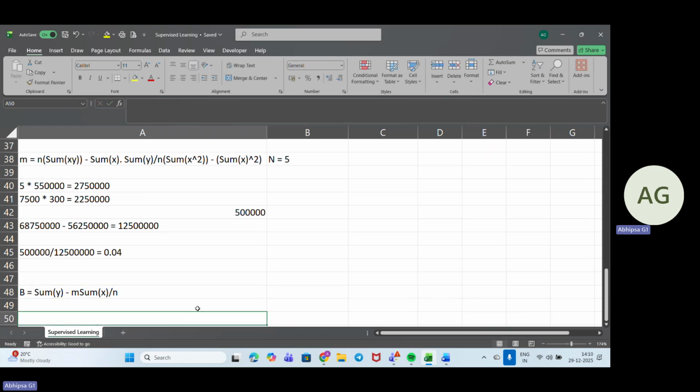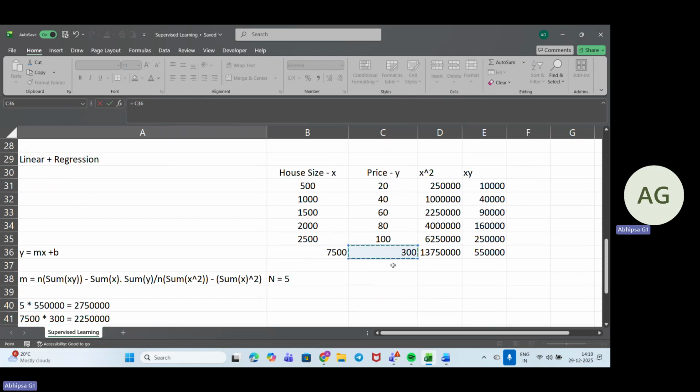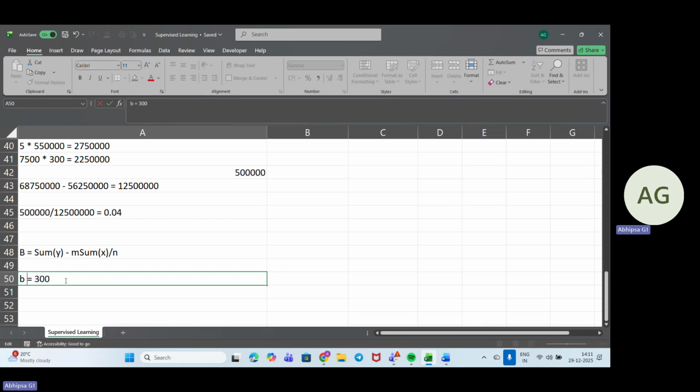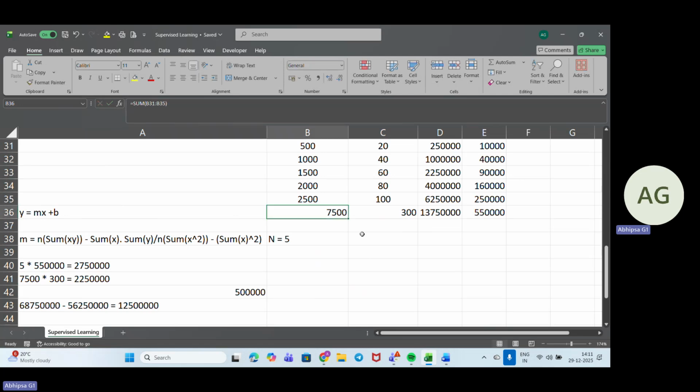So this is basically summation of y. So this is coming up with 300. So we are giving it here 300. So here let's put the value as b. So 300 we are getting minus the value of m is 0.04 and summation of x is this one.